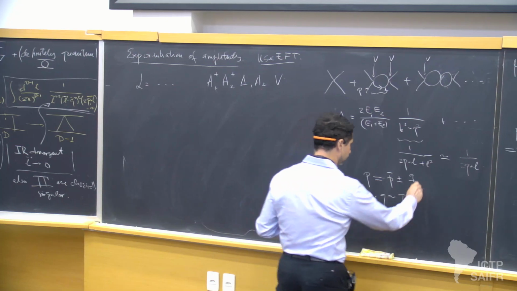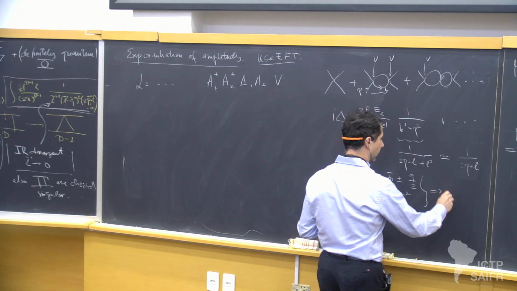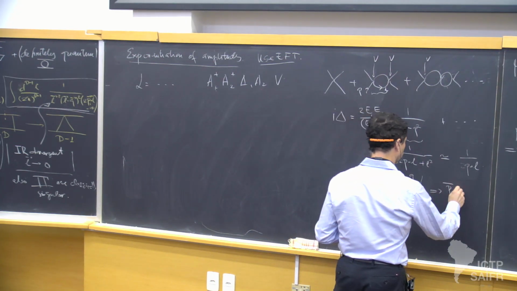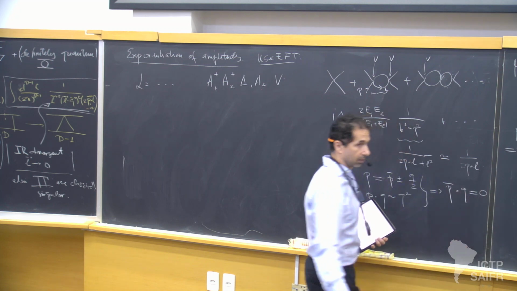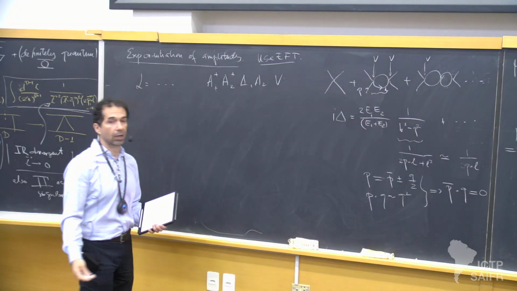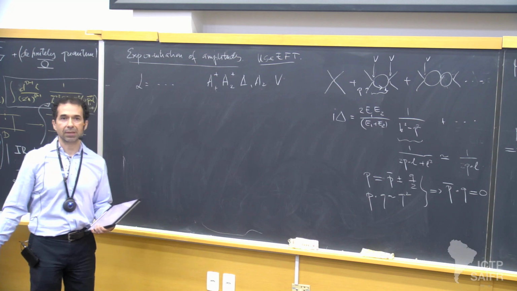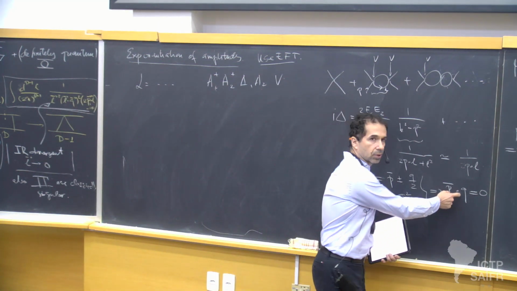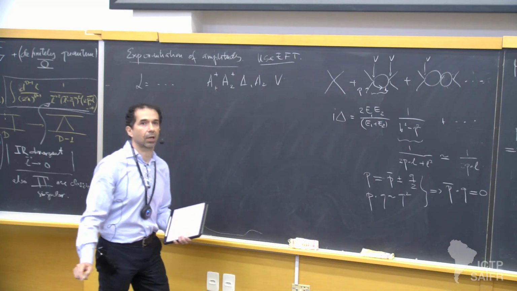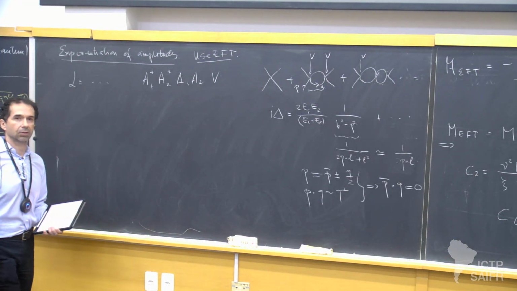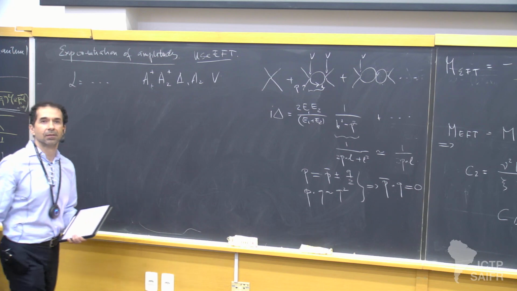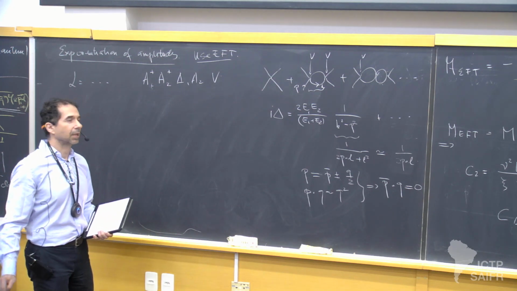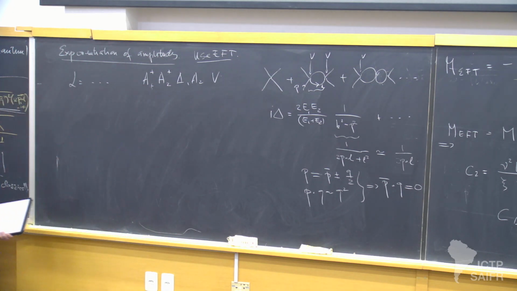P bar has the nice property that P bar dot Q is exactly 0. So we don't have to worry about, oh, there is a subleading term in there, what do we do with it? So this is very much analogous to something that Donald did yesterday. I think you called it P check. Anyway, you had a P that did something like this.